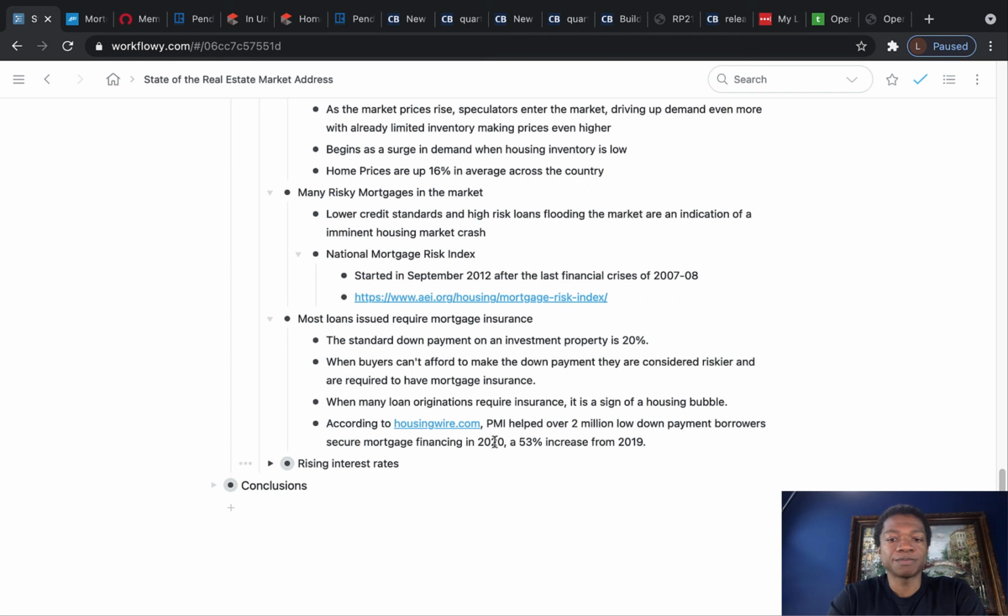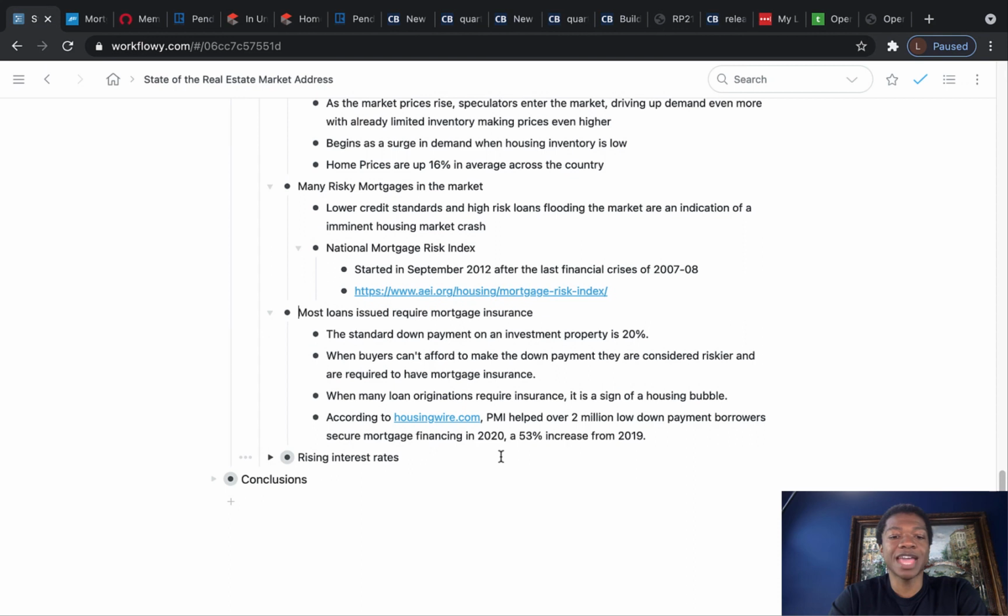So when many of the loans originated are starting to require mortgage insurance, that is a sign that we could be on the verge of a housing bubble. According to housingwire.com, private mortgage insurance helped over 2 million low down payment borrowers secure financing in 2020, up 53% from 2019.